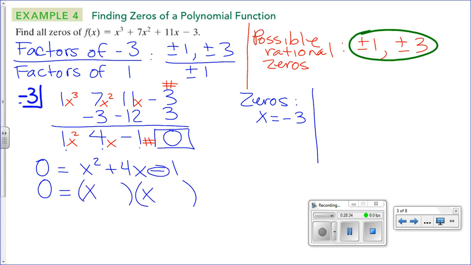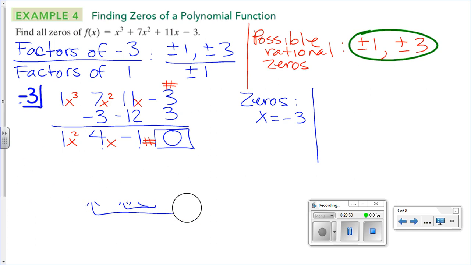We know the sign is negative, so we have one of each here. The only factors of 1 are 1 and 1. And if you multiply the outer terms and the inner terms, you're not going to get positive 4x. So that tells me that the polynomial is not factorable. So what we're going to have to do is rely on the quadratic formula.